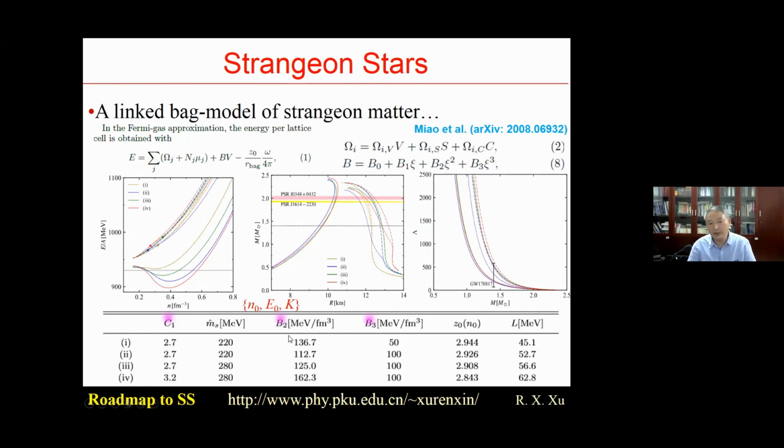So we have 3 free parameters, and we can tune these 3 values to reproduce the observations of nuclear matter, our normal atomic nuclei. I'm not sure if I have answered your question.